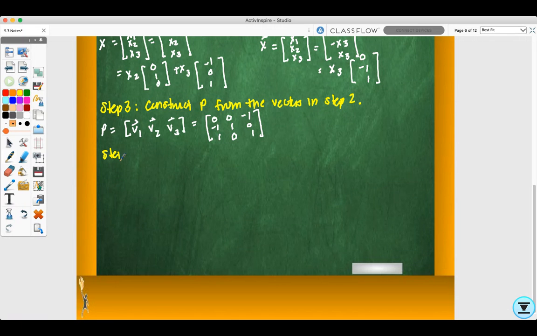Step 4, construct D from corresponding eigenvalues.